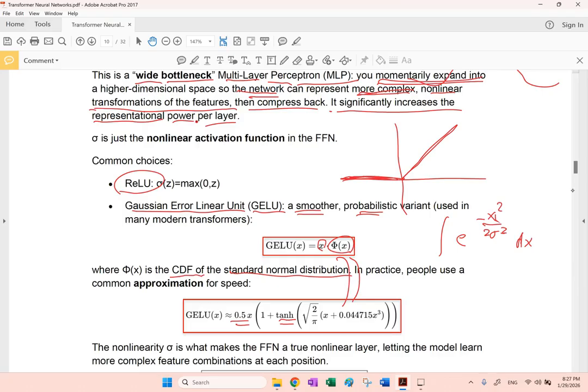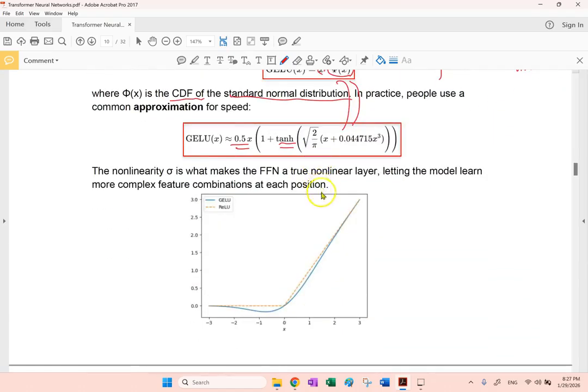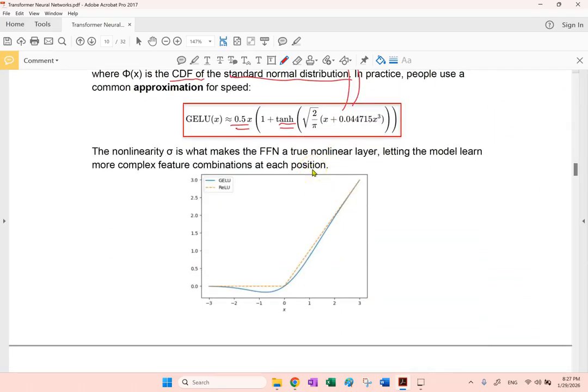Smooth means what? Well, here, if you look at this origin, this is where the ReLU function does not have a derivative. And derivative is what you need in backpropagation. At this point, the derivative is not defined. You have a broken corner. But if you look at the GELU function, ReLU here is the dashed red line, GELU is the blue one. Look at that. At big positive x's and big negative x's, it converges to the ReLU, but at the origin, you have a smooth curve here.